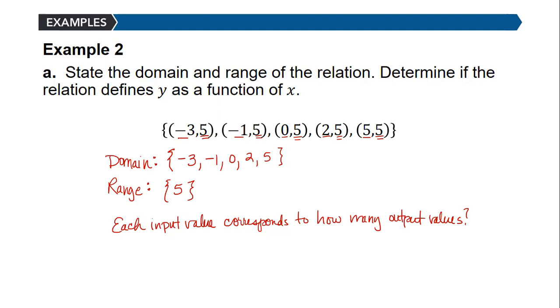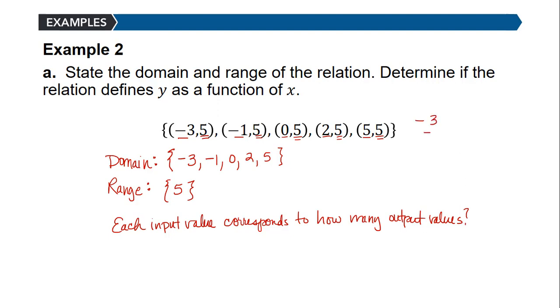If this is only 1, then this is a function. So notice that -3 corresponds to only one number. It only corresponds to 5. -3 is nowhere else in my list, so there's only one output value for -3. -1 only corresponds to one value. 0 only corresponds to one value. 2 only corresponds to one value, and 5 only corresponds to one value.